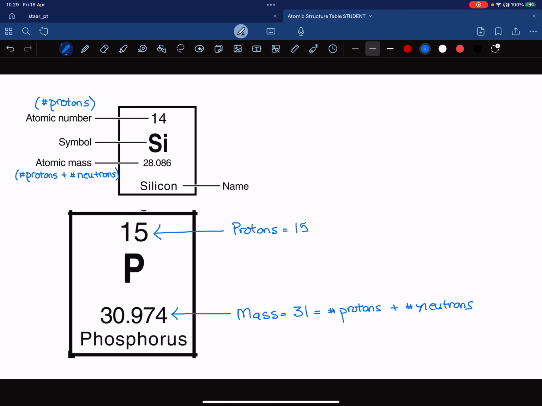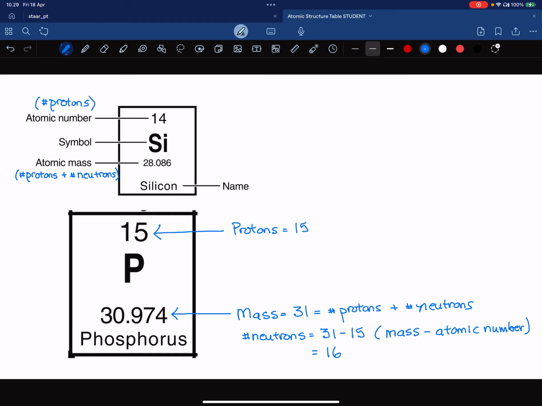Well, since that's the case, we already know that the protons is 15, right? So the number of neutrons is going to be 31 minus 15, or the mass minus atomic number. 31 minus 15 is 16.